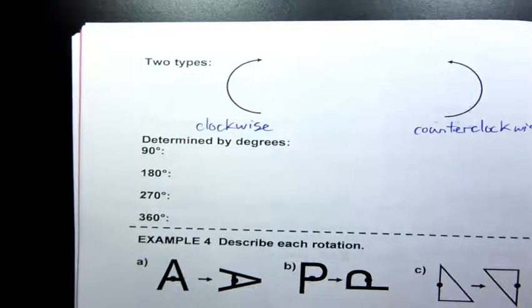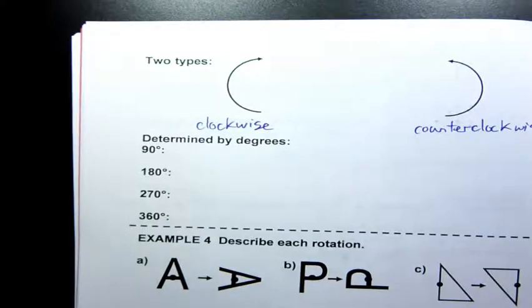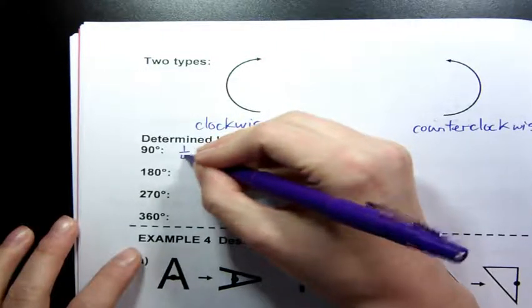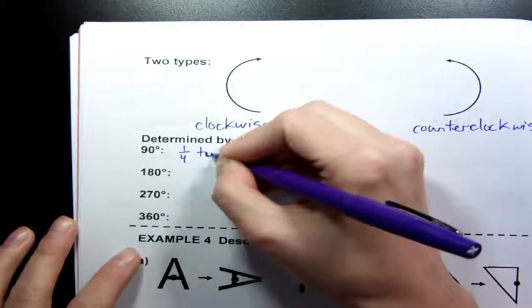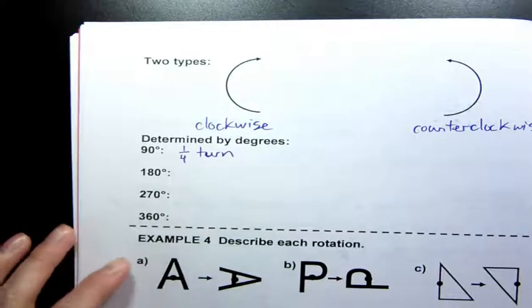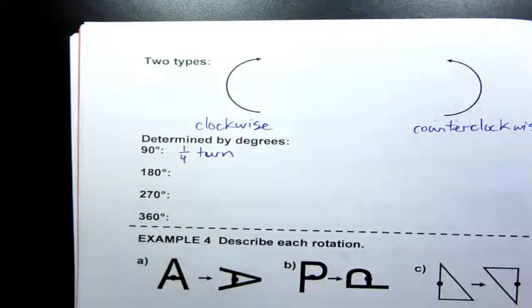Okay, so it's determined by degrees. If I changed 90 degrees into a fraction, like turning my paper all the way around as a whole, would that be a quarter, a half, 3/4? 1/4. Yeah, so it's just a quarter. So I just turn the paper sideways. How about 180?